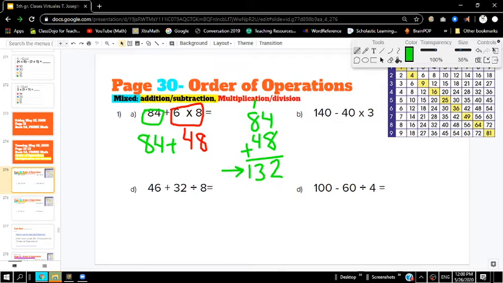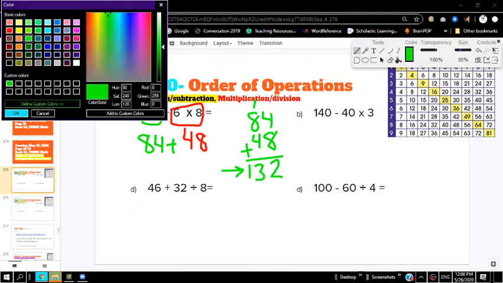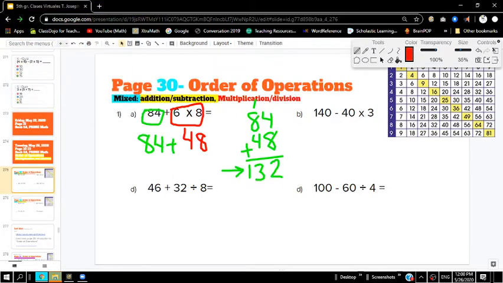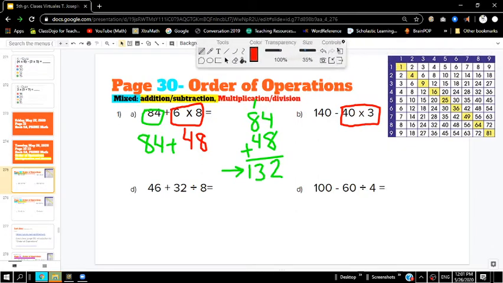All right, our next problem has subtraction and multiplication. We need to do the multiplication first, right? So the multiplication is going to be the first part of our problem. So again, just like I did before, 40 times 3. Well, I know 4 times 3 equals 12.